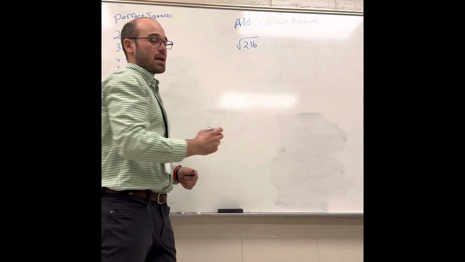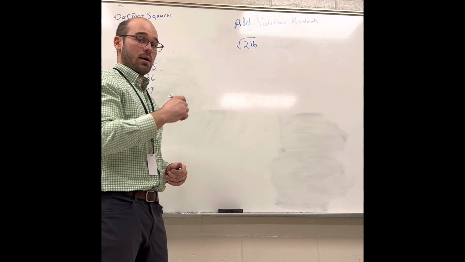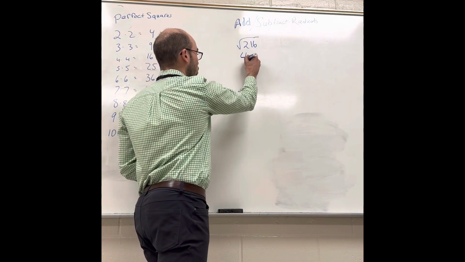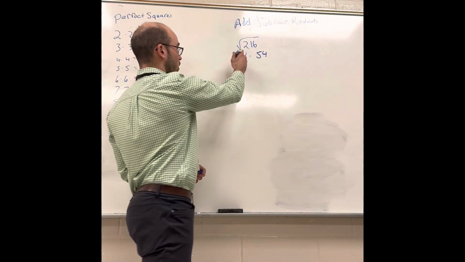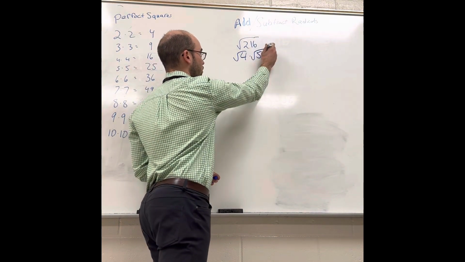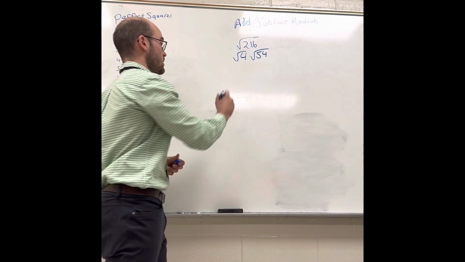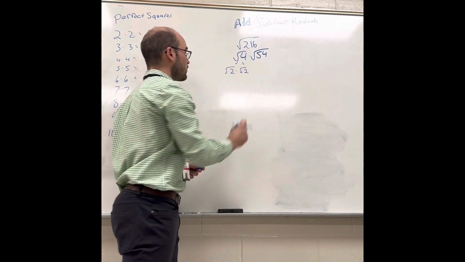If I were to divide 216 by 4, I know that 54 is the answer. So 4 times 54 will get me 216. Everything's still under the root. I know radical 4 could break down nice and easy. It's the same thing as radical 2 times radical 2.